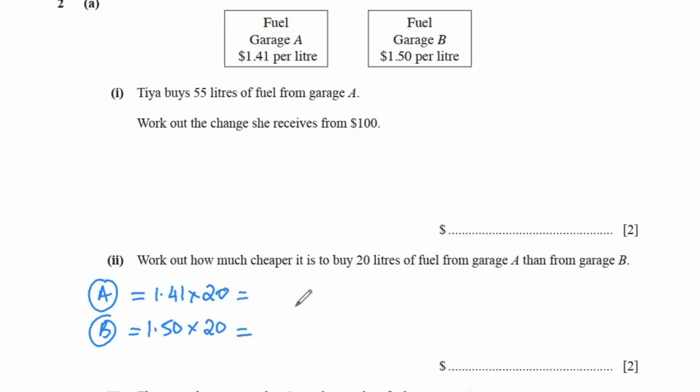For garage A, we get $28.2. And for garage B, we get $30. So how much cheaper is it to buy 20 liters from garage A? We subtract the two. 30 minus 28.2 gives us $1.8. That's the answer.